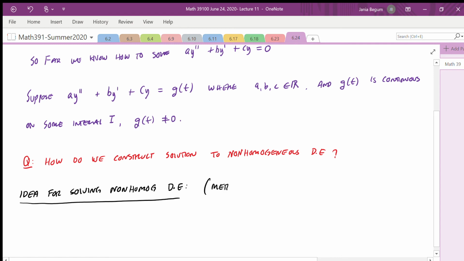This is particularly the method of undetermined coefficients. This is a very specific method.